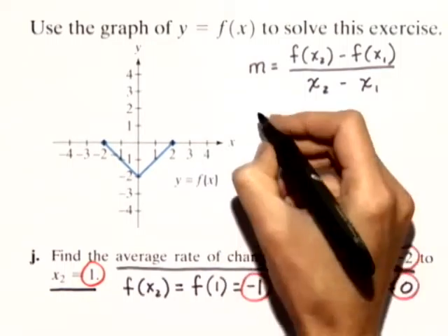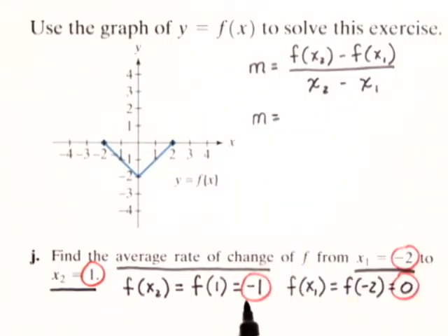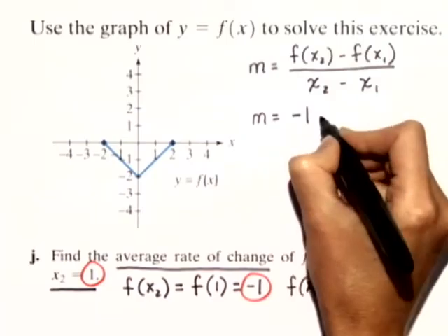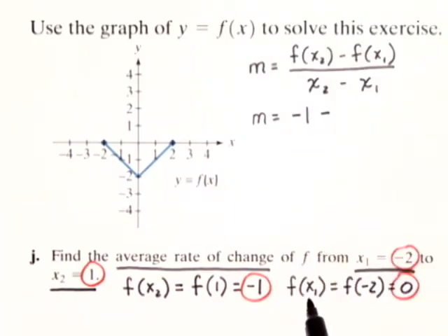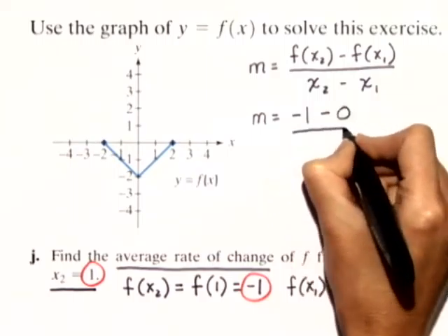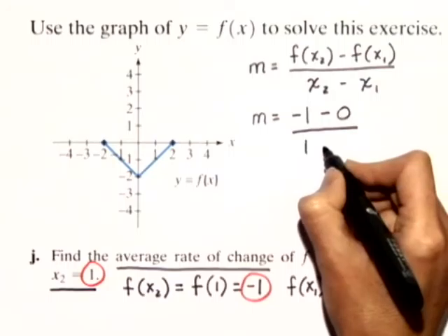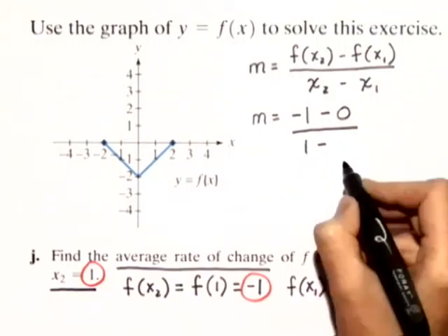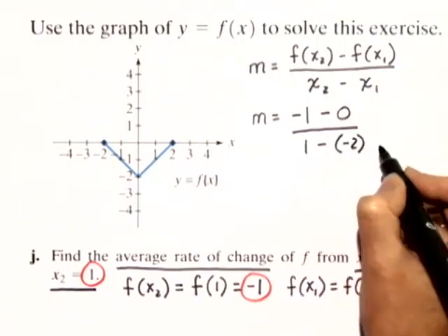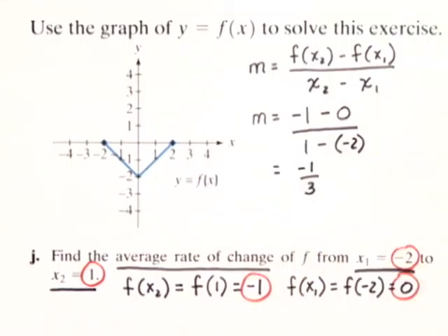Our slope is going to be f of x sub 2, which was negative 1, minus f of x sub 1, which was 0, over x sub 2, which was 1, minus x sub 1, which was negative 2. This simplifies to negative 1/3. So our average rate of change from x1 to x2 was negative 1/3.